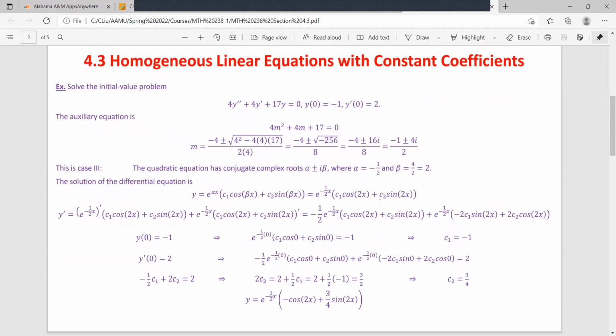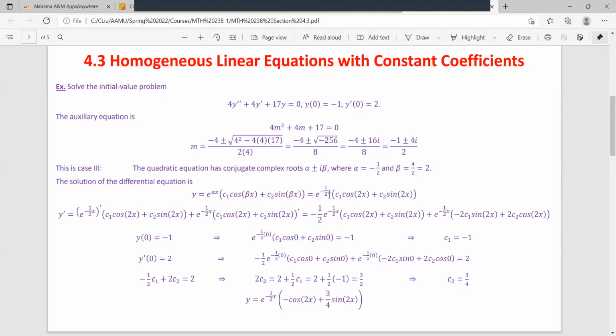All right. So the initial condition involves the derivative of y, so we need to take the derivative of this function. Okay. So again, this is a product of two functions. One function is the exponential function e to the negative 1/2 x, and the other function is c1 cosine 2x plus c2 sine 2x.